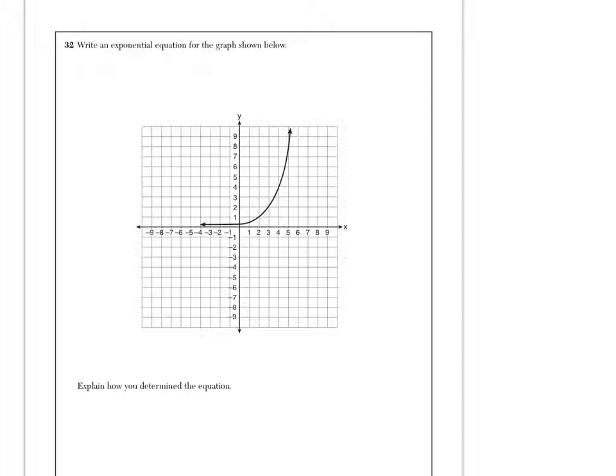Question number 2 wants us to find the equation, and it even tells us it's an exponential equation. So we know it's going to take the form y is equal to a times b to the x power, possibly plus or minus something on the outside, but usually they take this form.